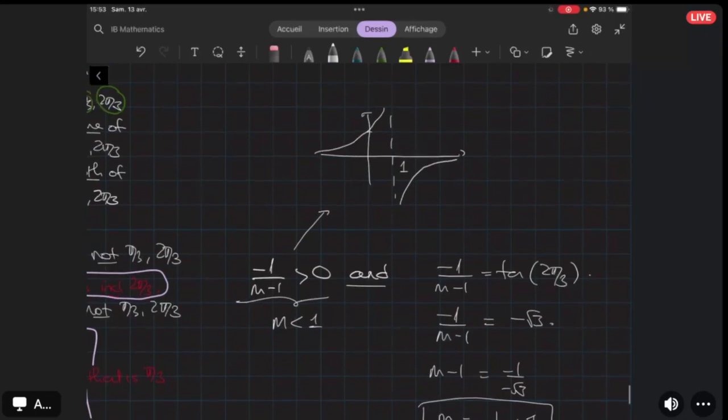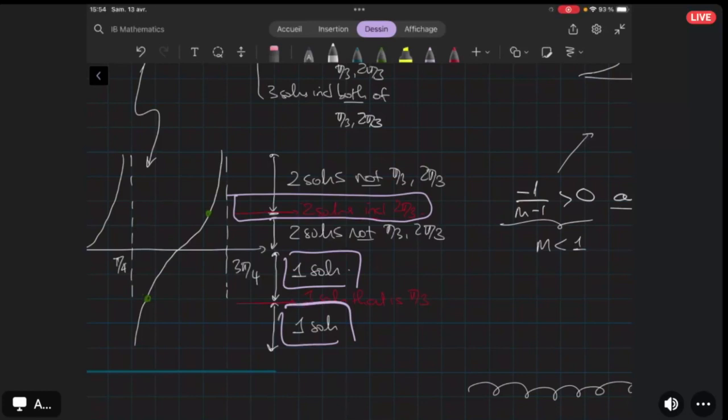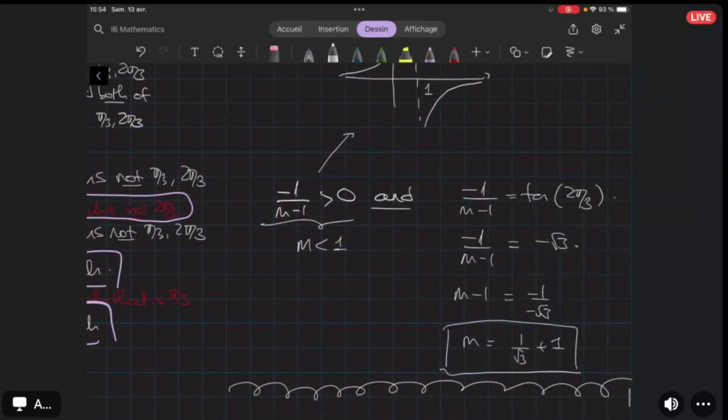Negative 1 over m minus 1. Right, yeah, this is positive and yeah, I think I'm gonna call it a day.